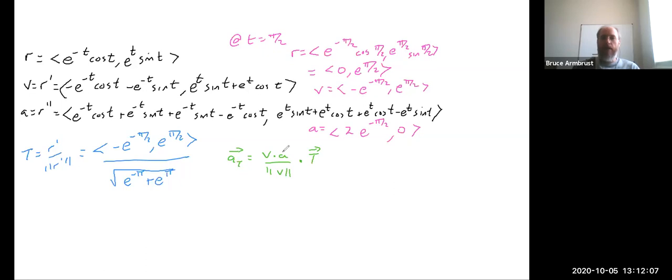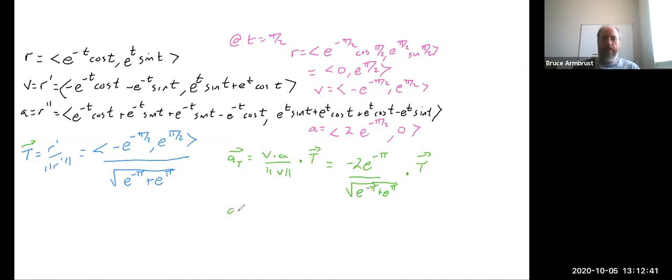So if we do v dotted with a, you're going to get minus 2e to the minus pi. So that's those two multiplied together. These two give us a 0. Divided by the magnitude of v. Okay, well, that's all of this stuff. Times T. And we actually just found T. Yeah, that's a vector. So we can multiply that by this.